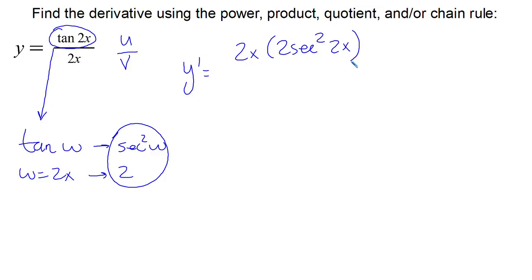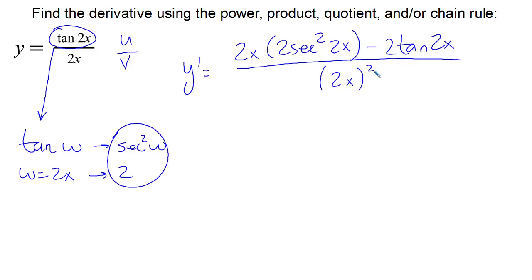So v du minus u, that's our tangent 2x, times the derivative of v, well that's just 2, so I'll throw that out in front, minus 2 tangent 2x. And of course it's all over (2x) squared. And make sure you get the parentheses around there because there's a difference between 2x squared and (2x) squared. Those do not equal each other.